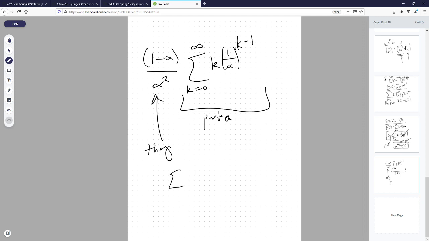So if you have a sum, say from k equals 1 to 5 of f sub i of x, and you're taking the derivative, this is the same thing as taking the derivative of f1 plus f2 plus f3 plus f4 plus f5.